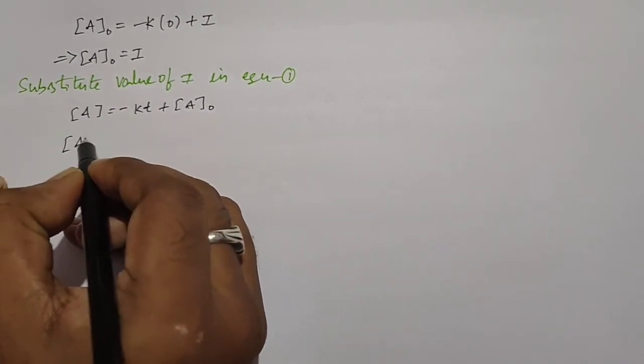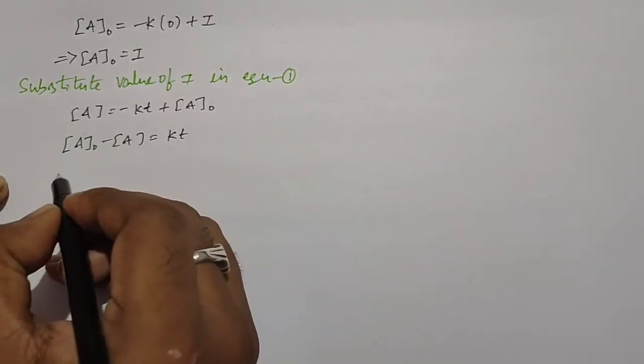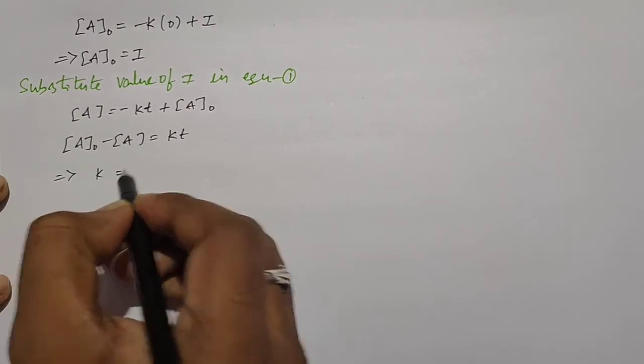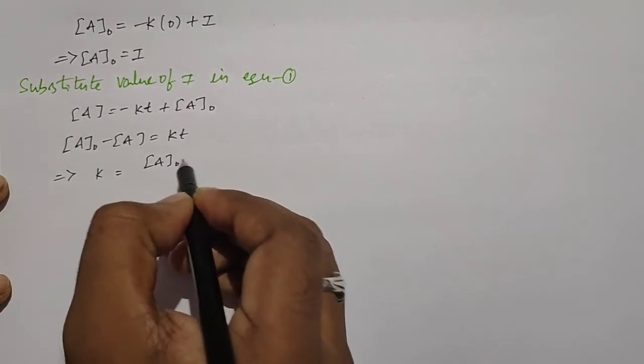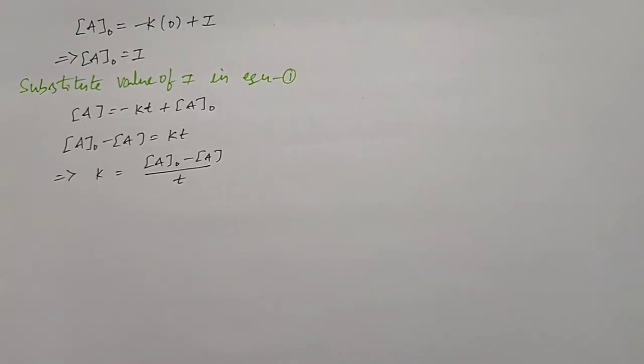We get A naught minus A is equal to kt. Then K is equal to A naught minus A by t. So this is the integrated rate equation for a zero order reaction.